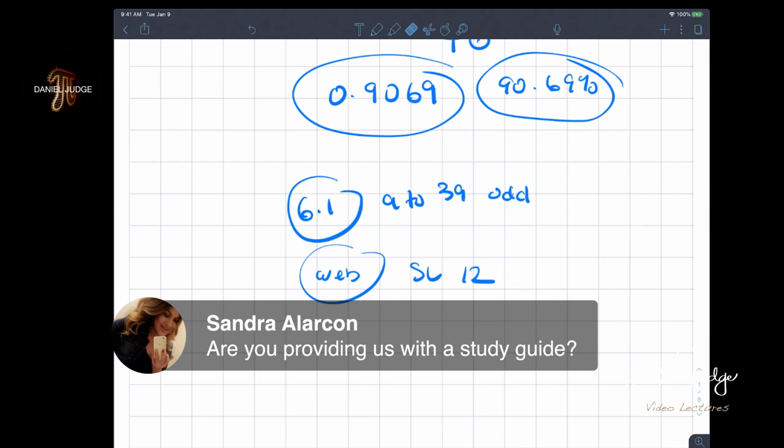I know it sounds obvious. Not everybody does. People look for shortcuts. Like, I don't want to do all that work, Mr. Judge. Oh, I got to write this down. Yeah, you got to do it. The only way you move forward is to go through things the way you're supposed to go through. The biggest obstacle to progress is ease. So, yes, I'm going to give you guys a study guide.